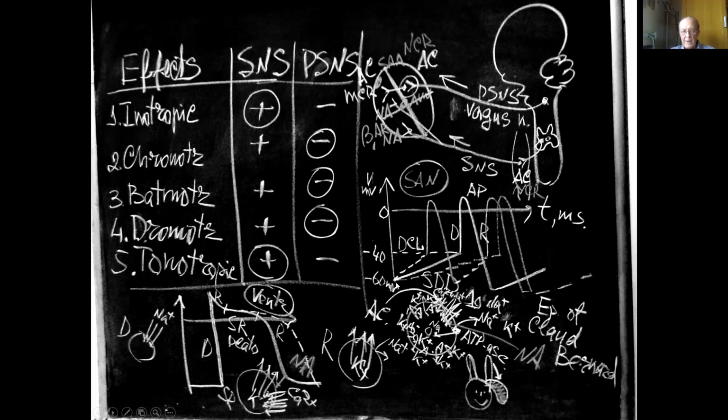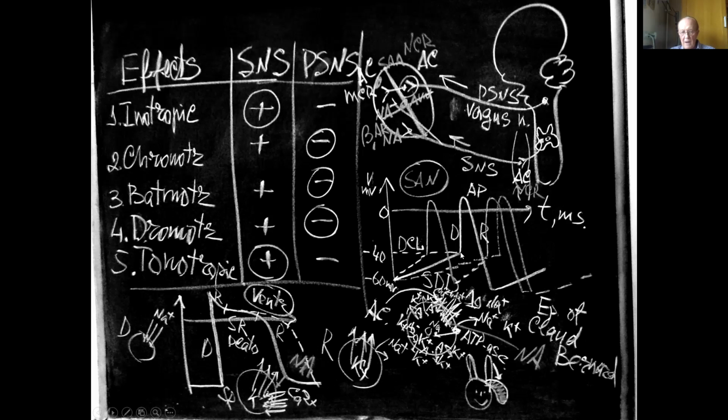You know that in the sinoatrial node, slow diastolic depolarization occurs. It depends on the permeation of the calcium and sodium ions. They run to the inner surface of the cell membrane little by little.